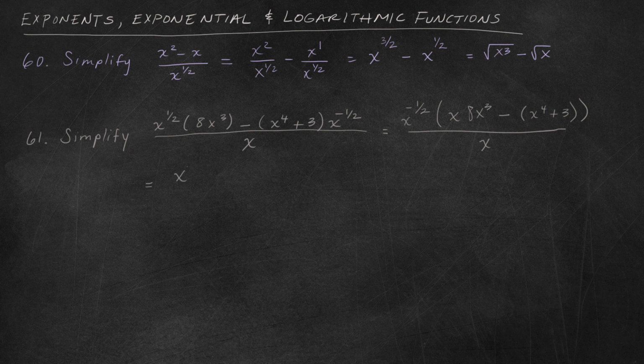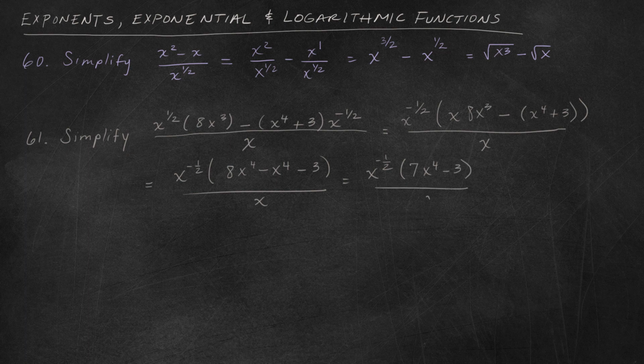So I have x to the power negative 1/2 times, and then I'm going to combine like terms. So x times 8x cubed is 8x to the 4th, 8x to the 4th minus x to the 4th minus 3 over x. And I still have some like terms that I can combine.